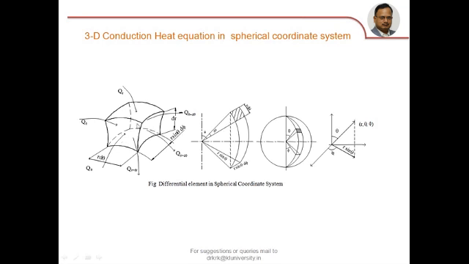Let the element have a specific heat C. So by virtue of its specific heat, when it is subjected to a change in temperature due to these heat interactions, it can store some amount of heat energy in it. The amount of heat energy stored in it is m C p delta T, and the rate of energy stored is m c dT by dt, where small t represents time, rate of change of temperature with respect to time.